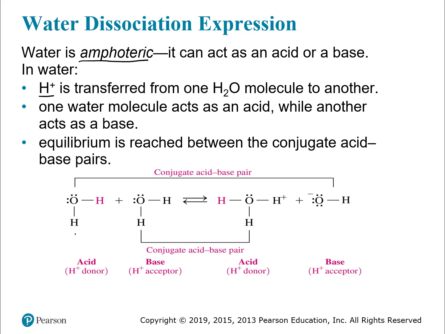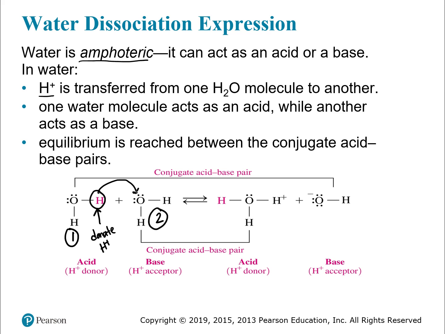So let's say we have our water molecules. This is water molecule 1. This is water molecule 2. Water molecule 1 is going to donate this hydrogen, which means that it is going to be an acid. And it is going to end up onto water molecule number 2.